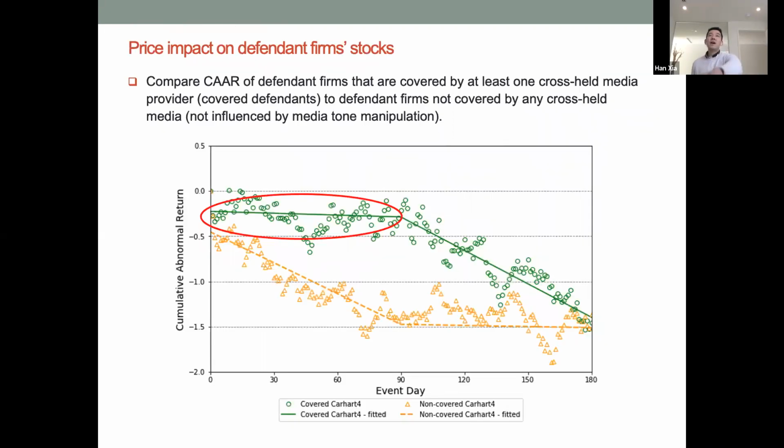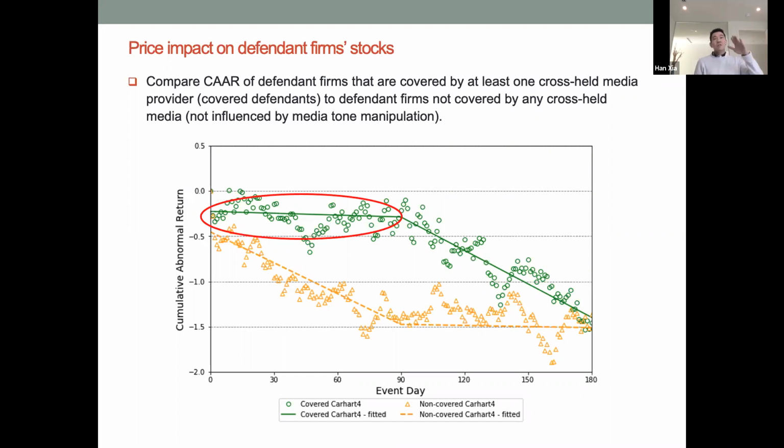All right, so here is the picture of the price impact of this pump and dump strategy. This is the picture of the CAR for the defendant firms from the date of announcement to 180 days later.